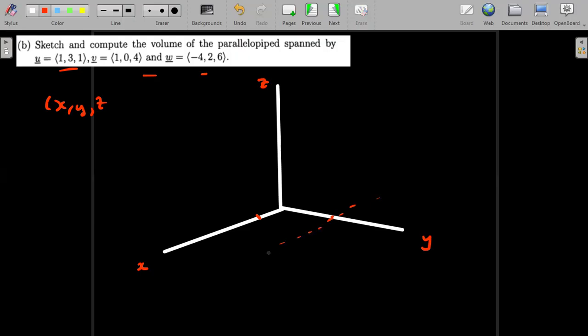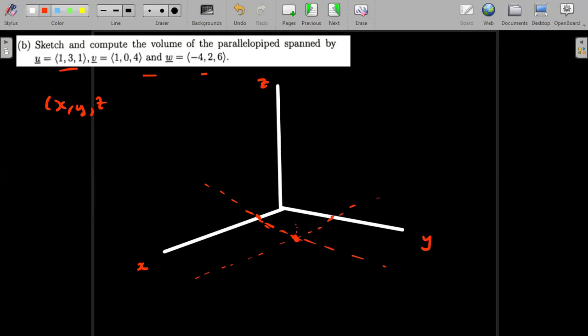I'll draw a line passing through the point 3 on the y-axis, parallel to the x-axis. Then I'll draw the line passing through 1 parallel to the y-axis, and dot it like that. The point of intersection is 1, 3, but then there's a move in the z-axis of 1 unit up.